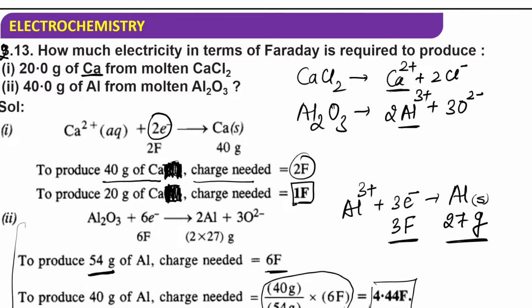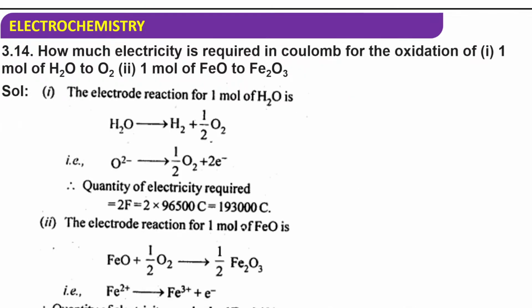Now 14. How much electricity is required in coulomb for the oxidation of 1 mole of H2O to O2? This is again NCERT question 14. 1 mole of H2O to O2. So you know H2O gives O2 like this because it is only 1 mole.